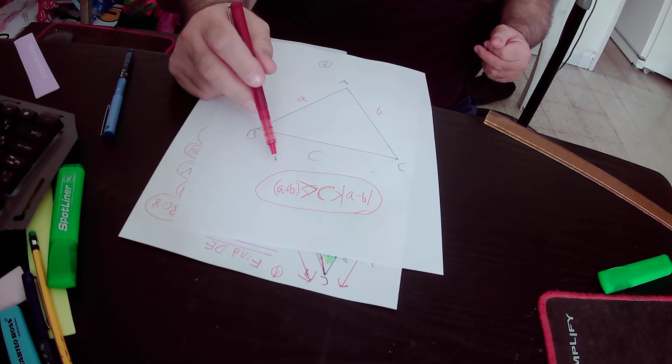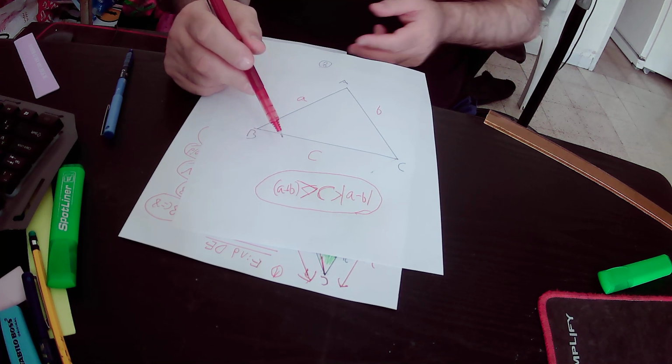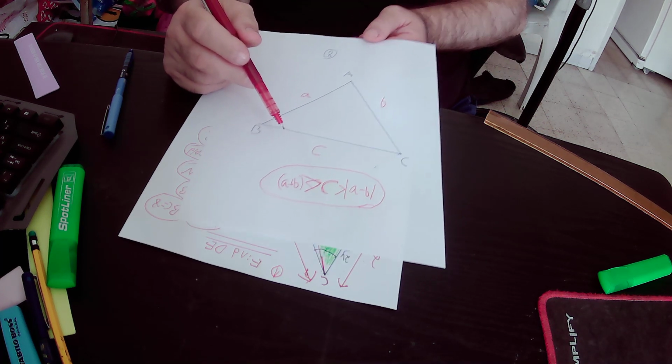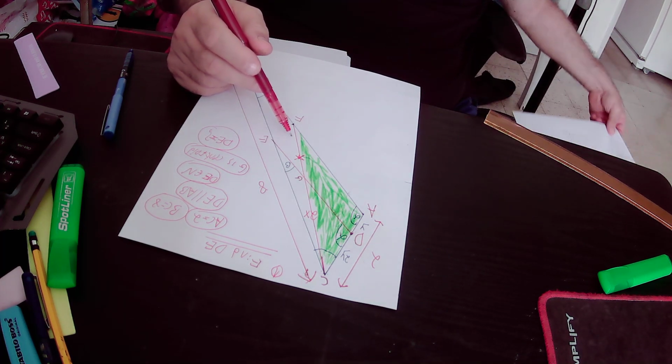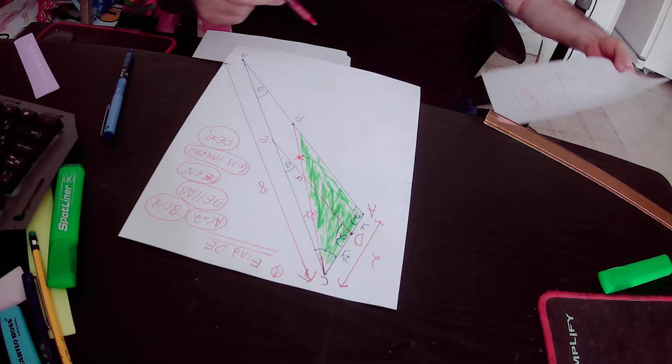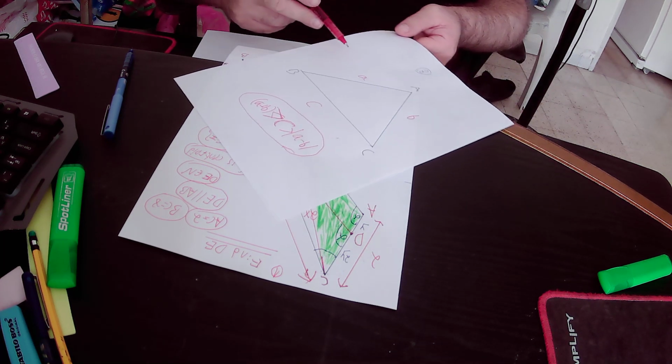Okay, so we actually can implement rule number 4 in our triangle ABC. Again, it could be any triangle. Triangle ABC could be any triangle.